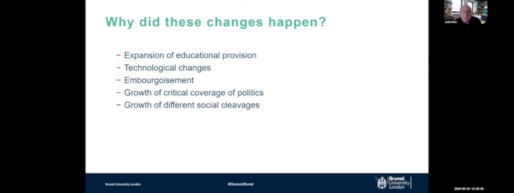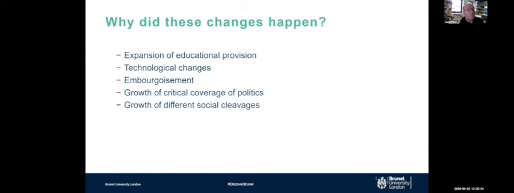But the expansion of educational provision has also been very, very important socially, because what it's done is give people many, many more opportunities for social mobility, meaning that they may have been born into one type of background socially, but in terms of the opportunities they've had through education, have moved into a rather different social class because of their job.